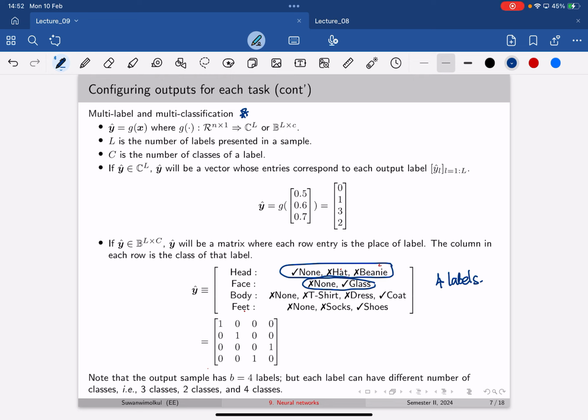But if you just use a vector of integers, you can represent all of these cases in a very neat way, because you can just allocate the number. But as we know, if we use integers like that, there are problems with the error distance.